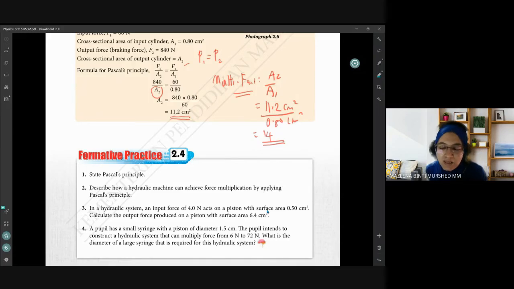In an enclosed container, semua tu yang tertutup. Kalau bocor, boleh berlaku, but then it is not really as efficient as it should be.